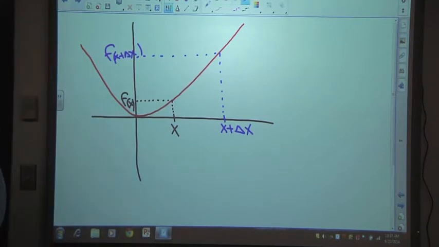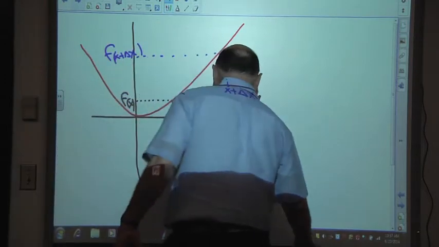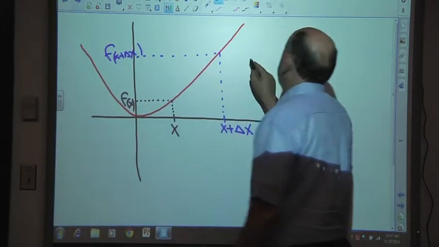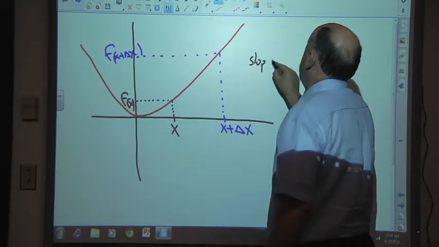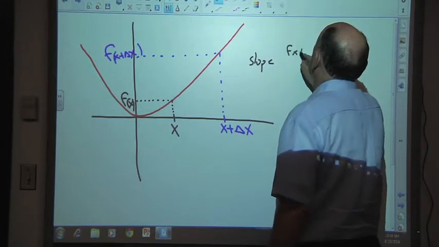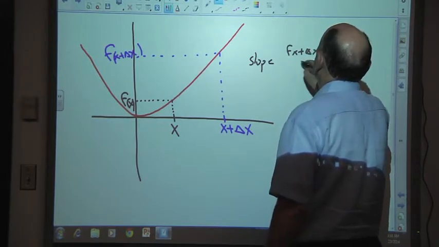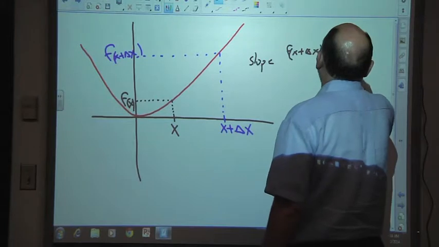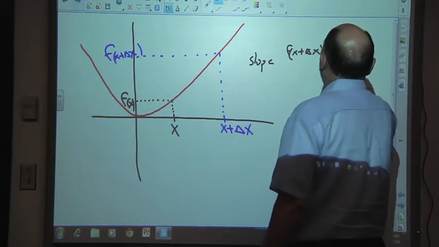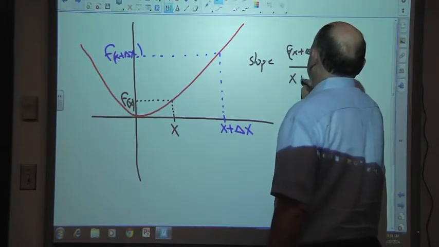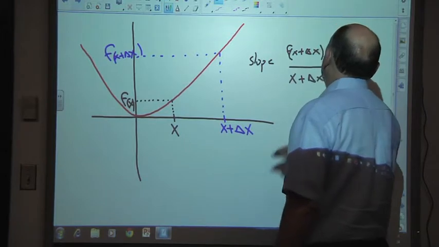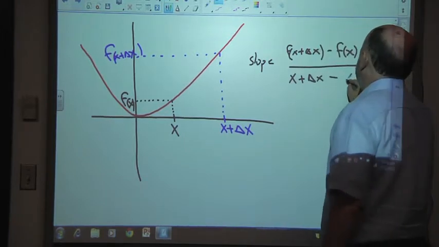So I can rewrite my slope equation in terms of this. My slope will be f of x plus delta x minus f of x, over x plus delta x minus x.